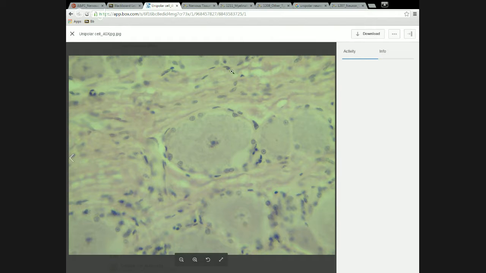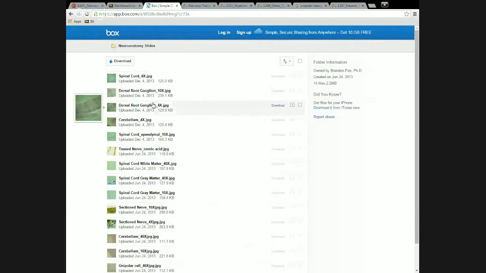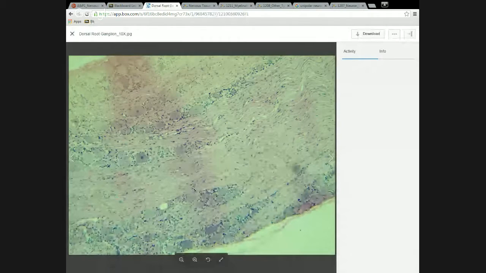Then up here we have a region that's not neurons, but rather the axons. If I back out to the 10X, so this big piece right here, you can really tell that there's just fibers running through this area, as opposed to the cell bodies here, the cell bodies here, or the cell bodies here, here, here.